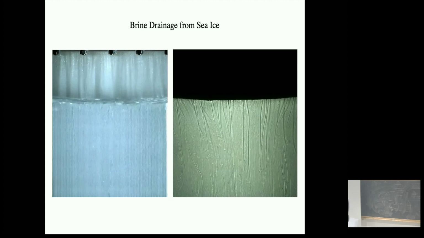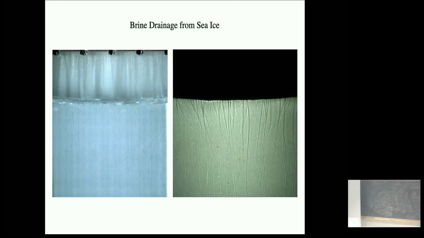And we can see that there are little narrow plumes of brine escaping from the sea ice into the ocean below. Just now we will look inside the sea ice to see where those plumes are coming from, but for now they exist, and they exist because of gravity. They exist because we started with salt water of a certain concentration.